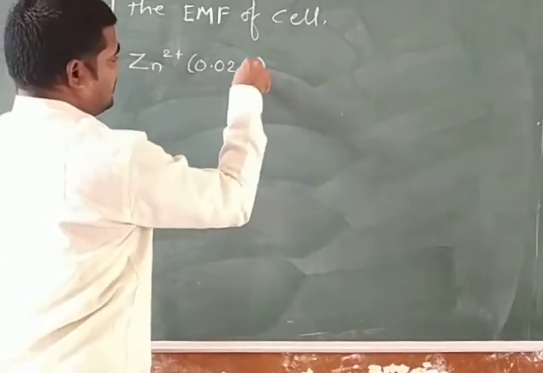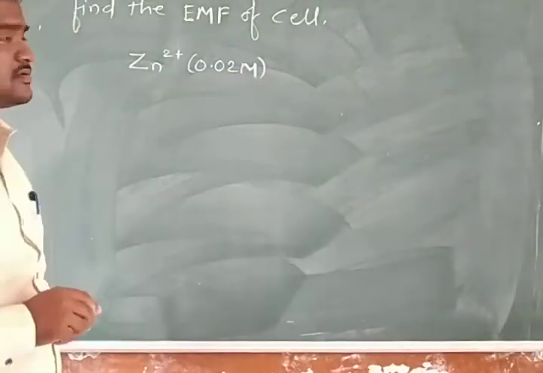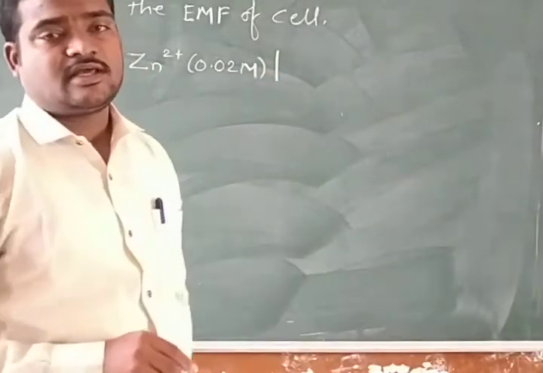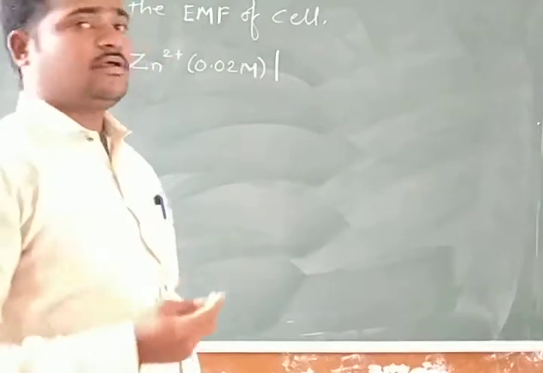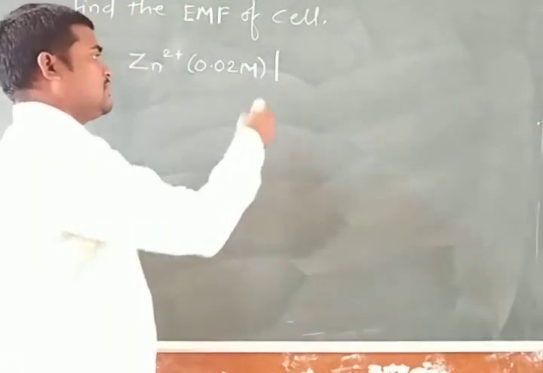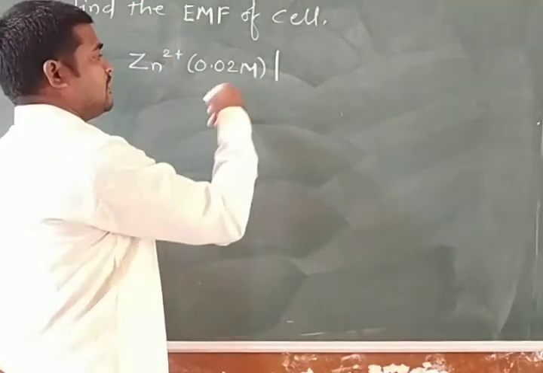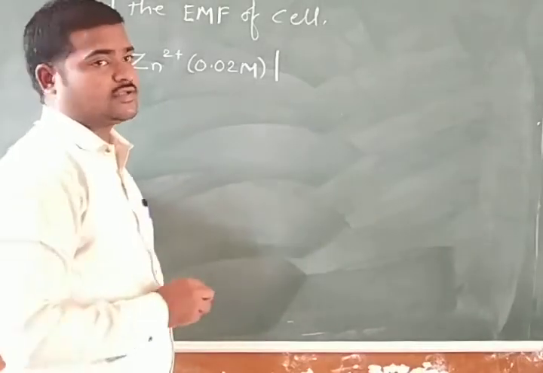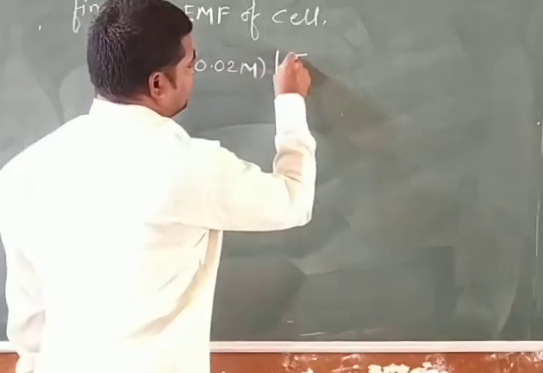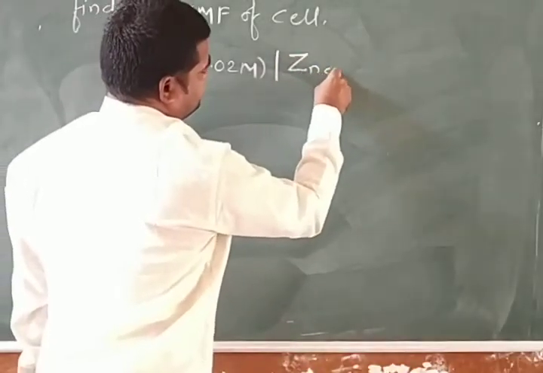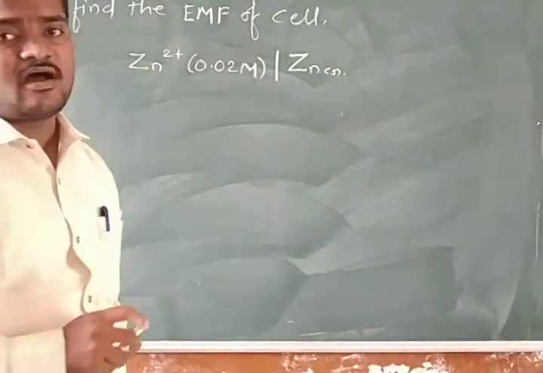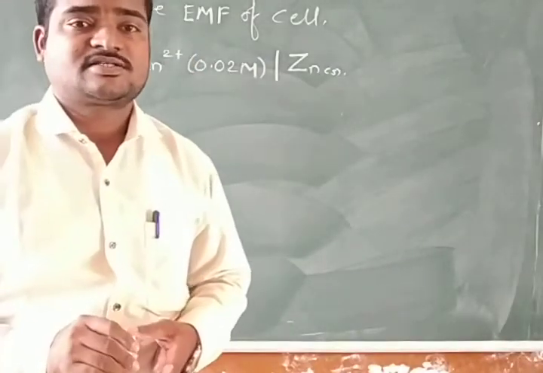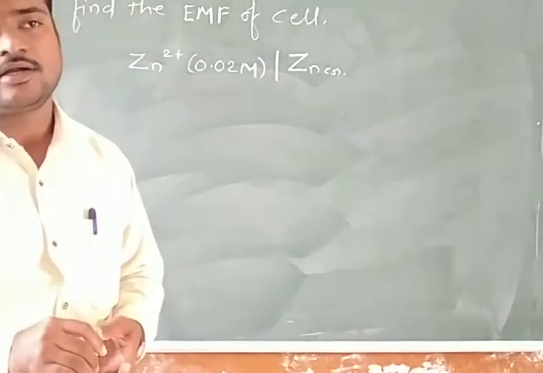For example, this is the concentration of that half cell they have provided. The single vertical line, you already know, is nothing but to show the contact between that electrode and the corresponding electrolyte solution in contact with zinc solid. So this is the half cell for which you have to calculate the potential of the electrode.